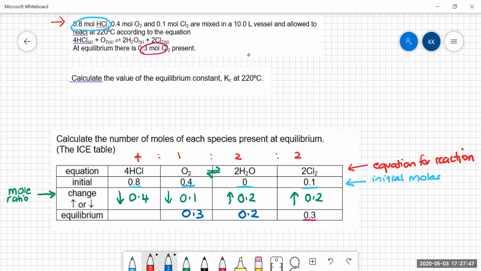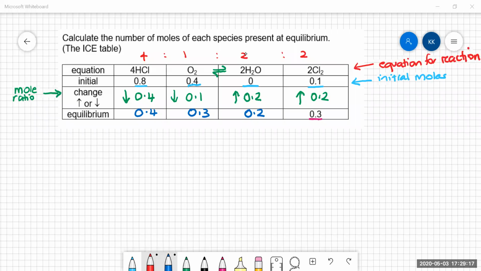HCl started at 0.8 and went down by 0.4, so that is now 0.4.